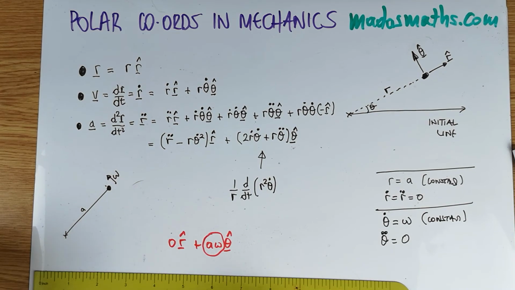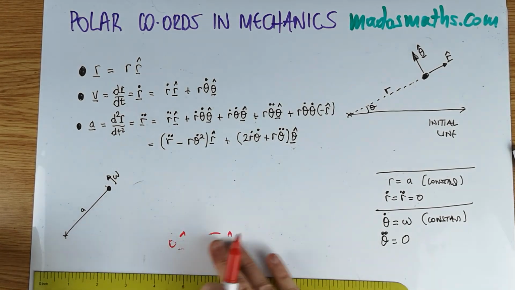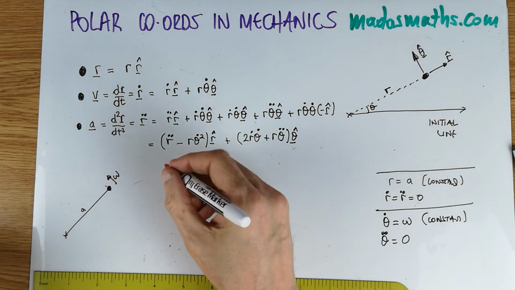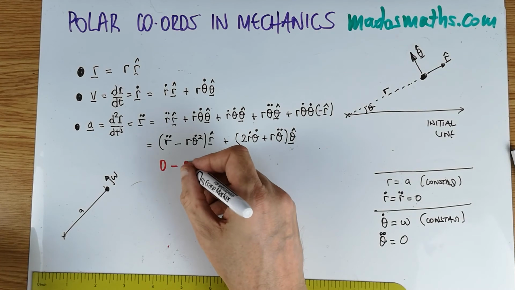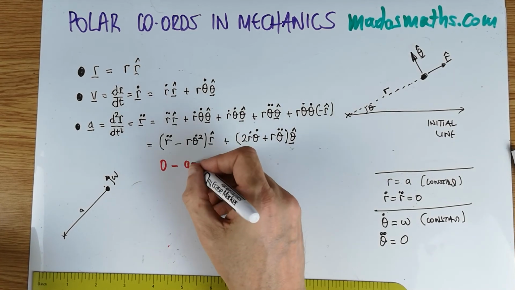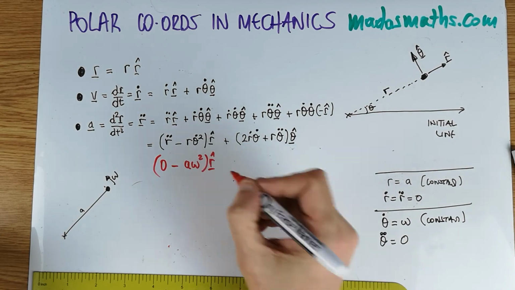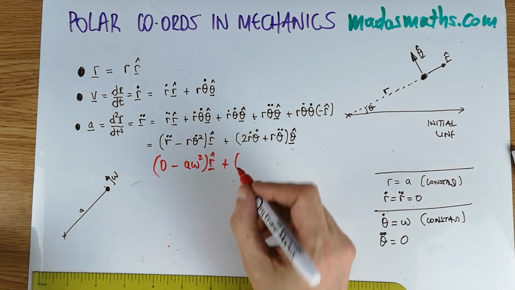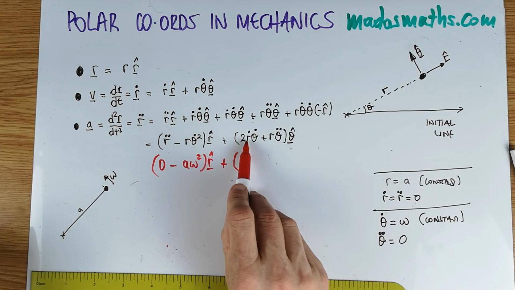Let's look at the acceleration. Let me just wrap this off, and let's look at this line up here. 0 minus a, and theta dot is omega squared in the r hat direction, plus this is of course 0 because r dot is 0.